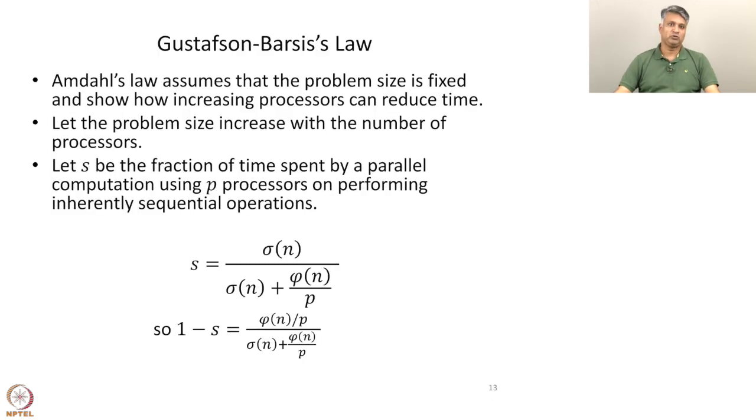Now, going to Gustafson-Barsis law. Amdahl's law assumes that the problem size is fixed and shows how increasing processors can reduce time. The other way to look at this problem is that I have larger and larger problems which I want to solve in the same amount of time. For example, instead of predicting the population for a population size of 10,000, now I want to predict some model for a population size of 1 million.